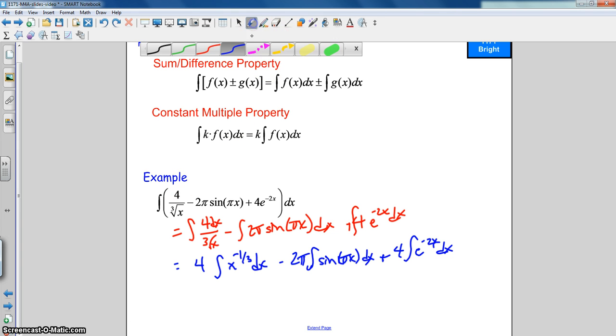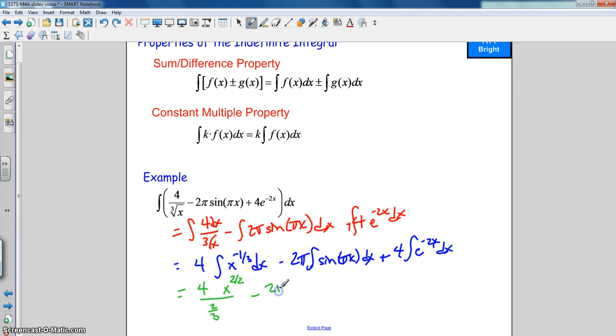Now this first one is just a power rule. This one is going to be a cosine, and then for this one I have to follow the rules for exponentials. So computing the antiderivative, I have 4, and then I'll have x. Adding 1, I get 2/3, and then I divide all of that by 2/3. Subtract 2 pi, and then now this is going to be cosine.